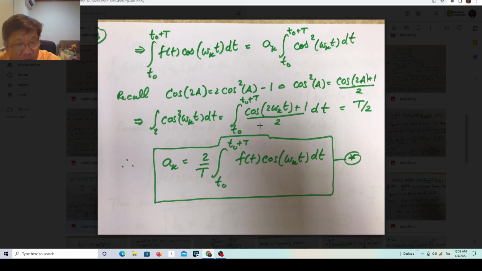And you know that the first integral, the cos term, is 0. So the only remaining term is the constant term.